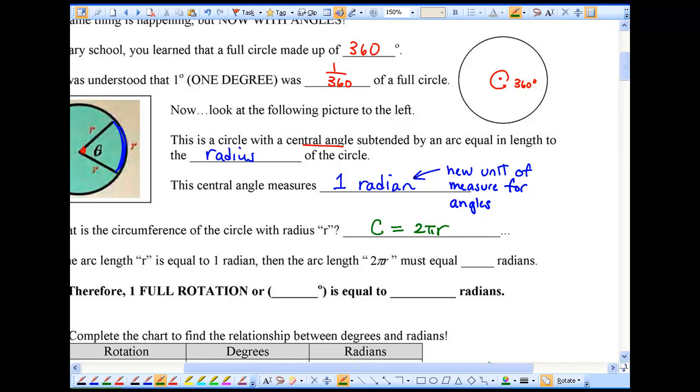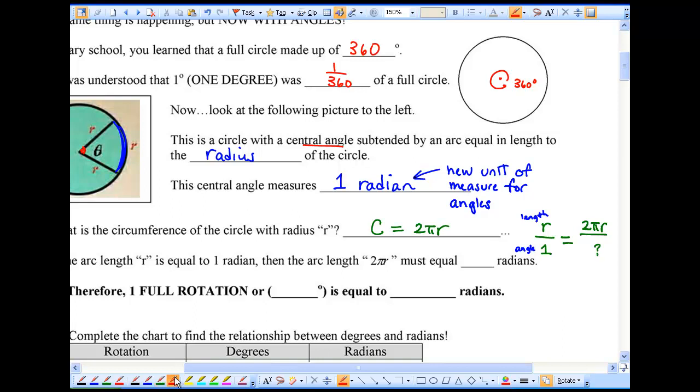I'm going to compare the length r with the 1 radian. So I'm comparing length with angle. And if I'm doing a proportion, I'm going to set up another fraction. I'm going to compare that with the entire length, or the circumference, and that's in reference to what angle?